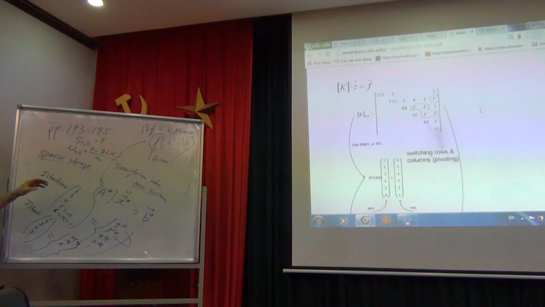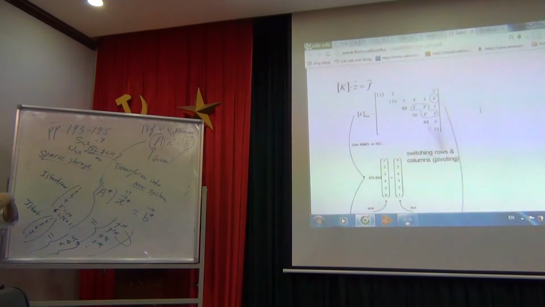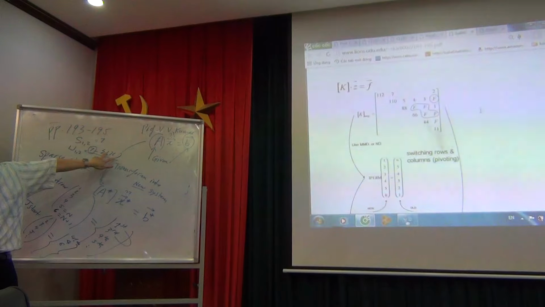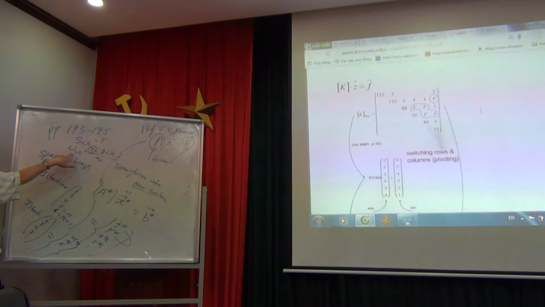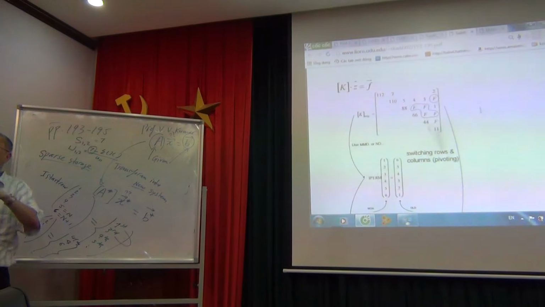Is that right? Now, because this guy is already non-zero from the beginning, it doesn't matter whether this product is 0 or not 0. This guy, for sure, will become non-zero. But the value may be equal to 7 or may be equal to some other number. Do you agree?